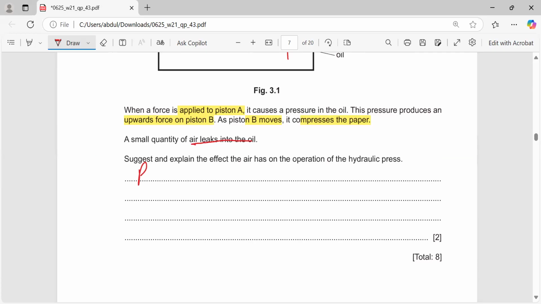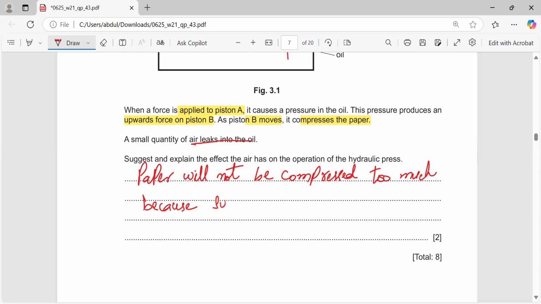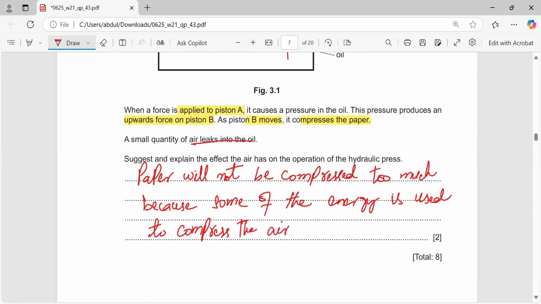Now, paper being a solid, will not be compressed too much because some of the energy is used to compress the air instead of the paper.